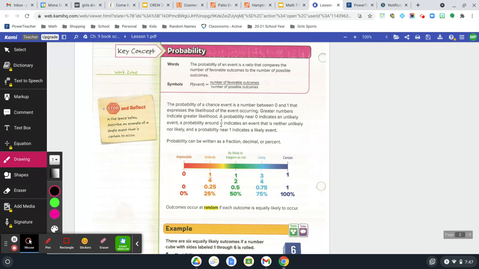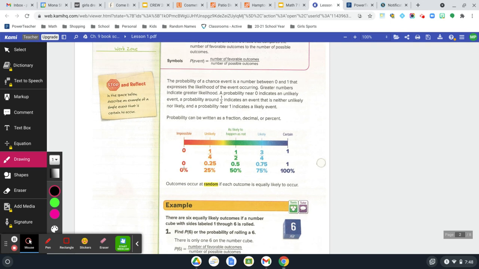If you look at this number line at 0, that's 0%, and that's considered impossible. What are some examples where we would know that the probability of something occurring would be impossible? I'll give an example over here in the green section. Impossible, so 0% chance.